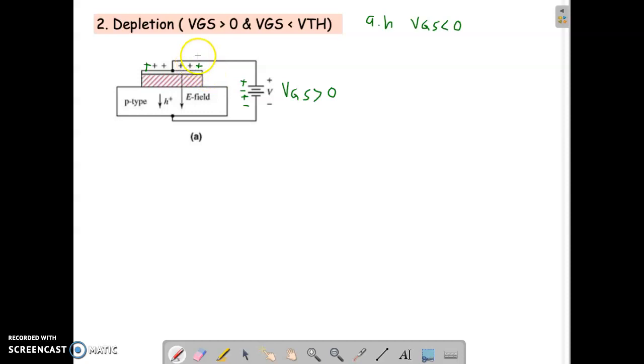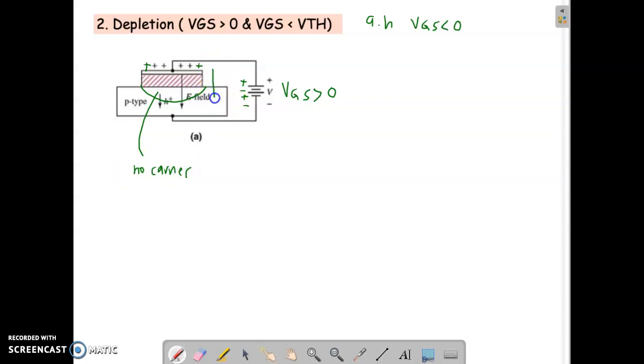Since this is a plus sign and the majority carrier here is hole, it will repel all your holes downward. So you don't have any holes attracted below your oxide. At this area there will be no carrier of hole. Why?